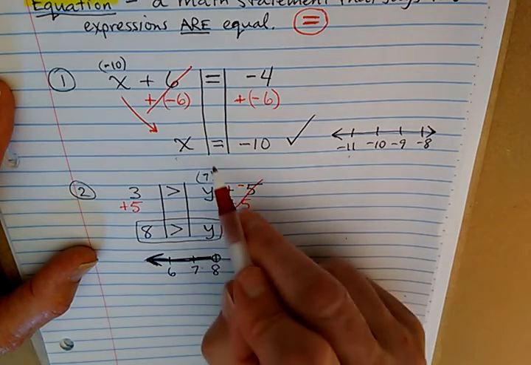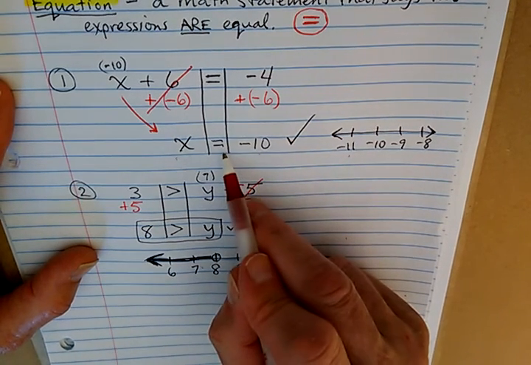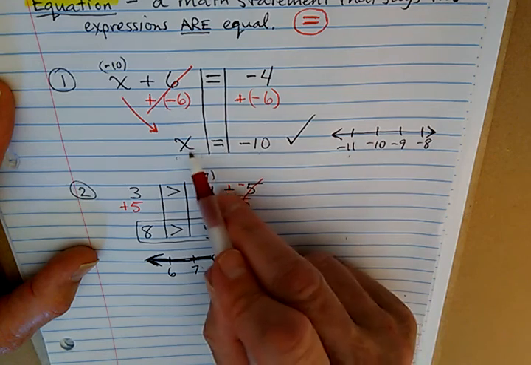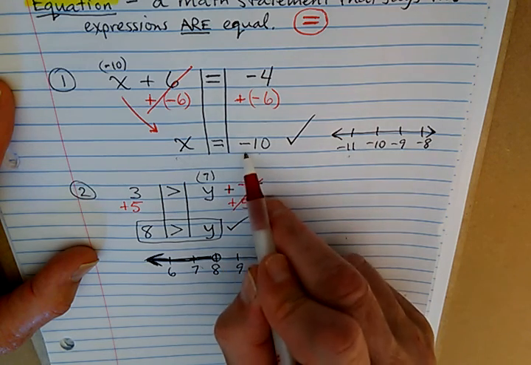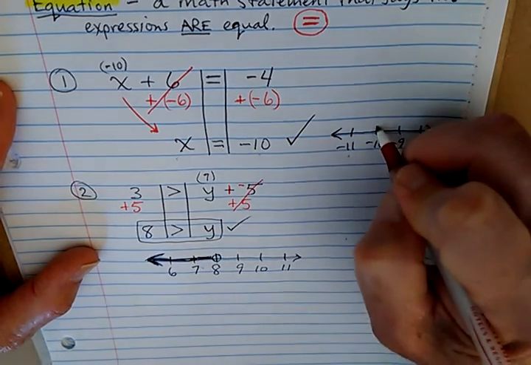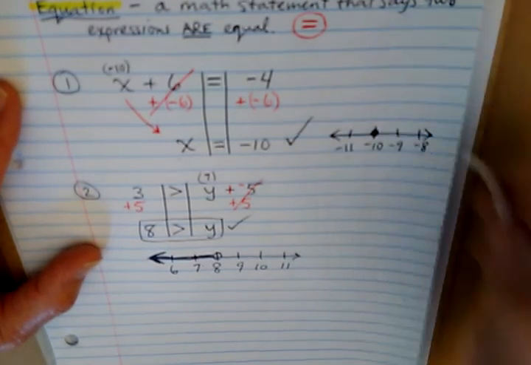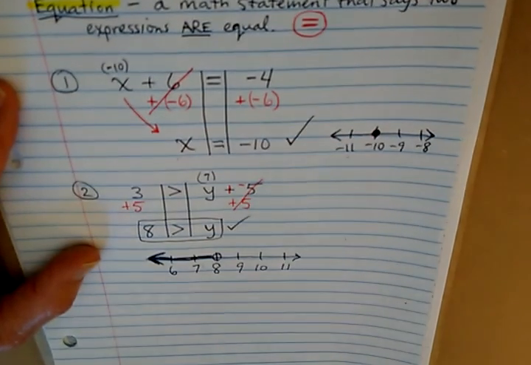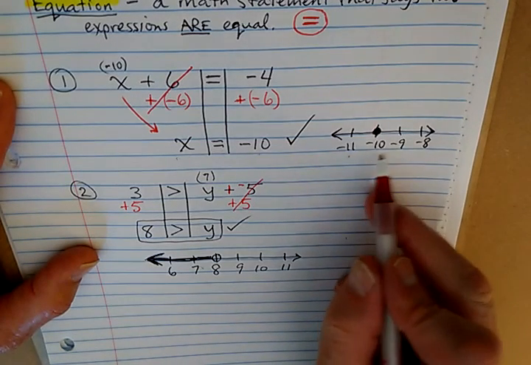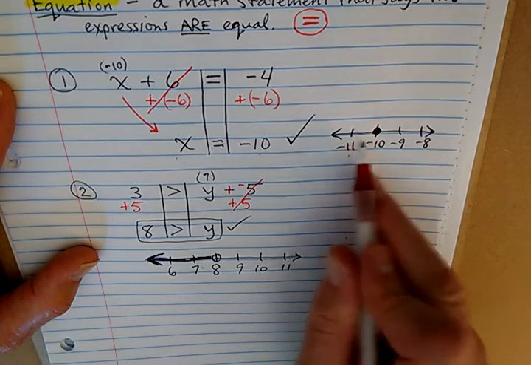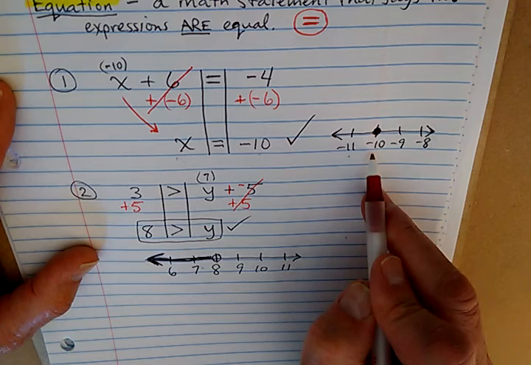All right, so if x equals negative 10, that means x is not greater, it's not less than negative 10, it's just equal to negative 10. So what we do is we go to negative 10 and we put a shaded circle and say, here's x. X can only be negative 10. So that's how we would graph that. We don't need to shade to the right or shade to the left because x is only equal to negative 10.